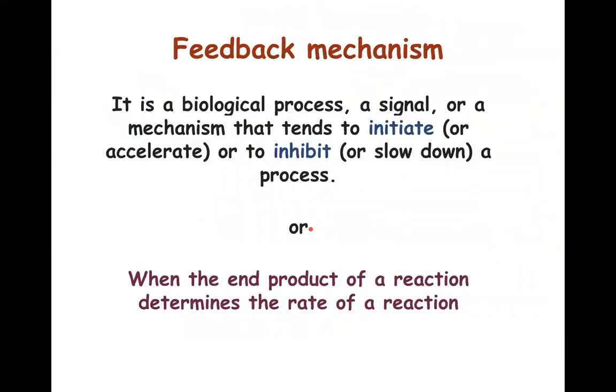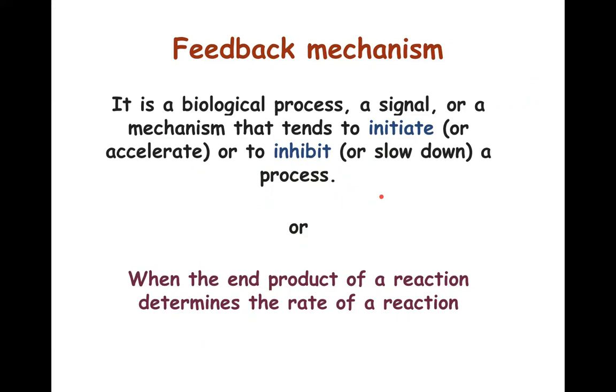Okay, the last topic which we need to cover is called the feedback mechanism. What is a feedback mechanism? It basically is when the end product of a reaction determines the rate of a reaction. So it's a biological process, a signal or a mechanism that tends to initiate, that means accelerate, or inhibit, that is slow down a process.